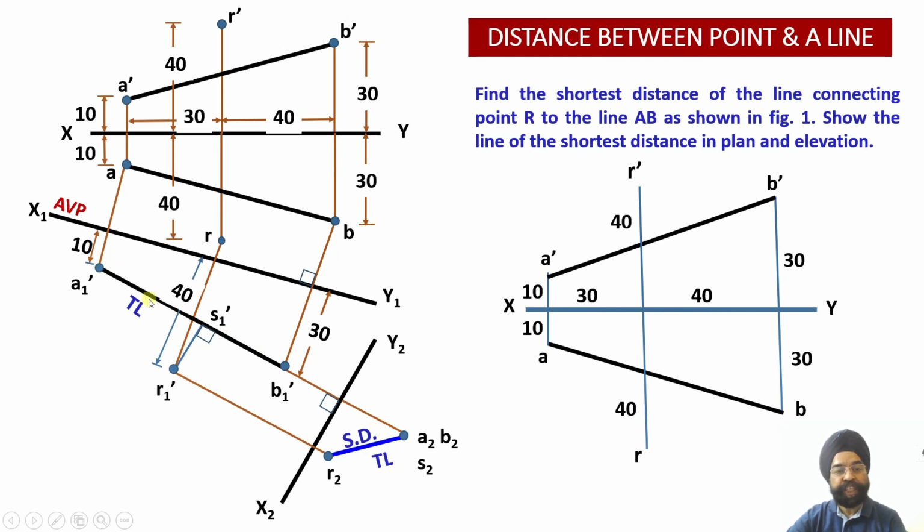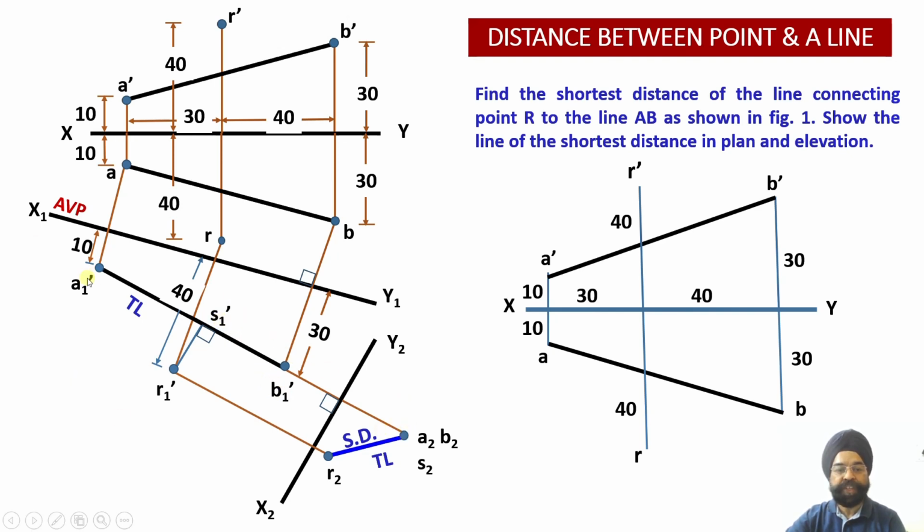But wherever this point S1 dash would have lain, if you are looking at the point view of the line, because we are looking at the true length from a perpendicular auxiliary plane, since this plane is perpendicular to this line, irrespective of where the point lies, you are going to get the convergence of A1 dash, B1 dash and S1 dash right at a point over here.